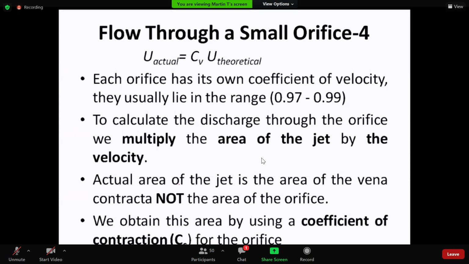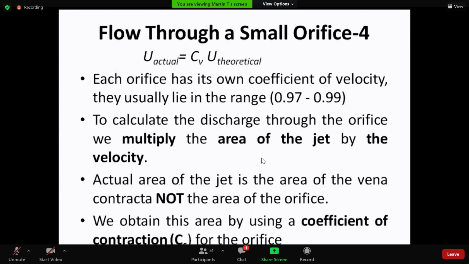So actual area of the jet at the point of contraction is equal to the area of the orifice multiplied by the coefficient of contraction for the orifice.